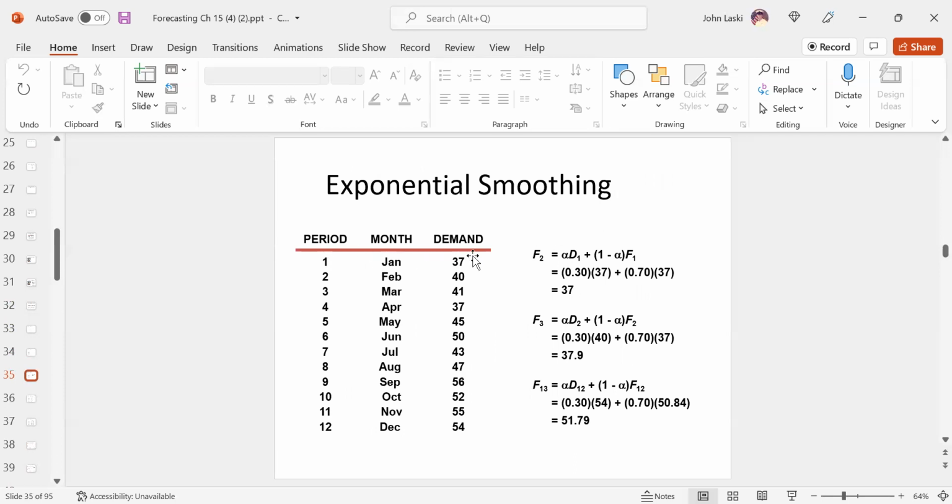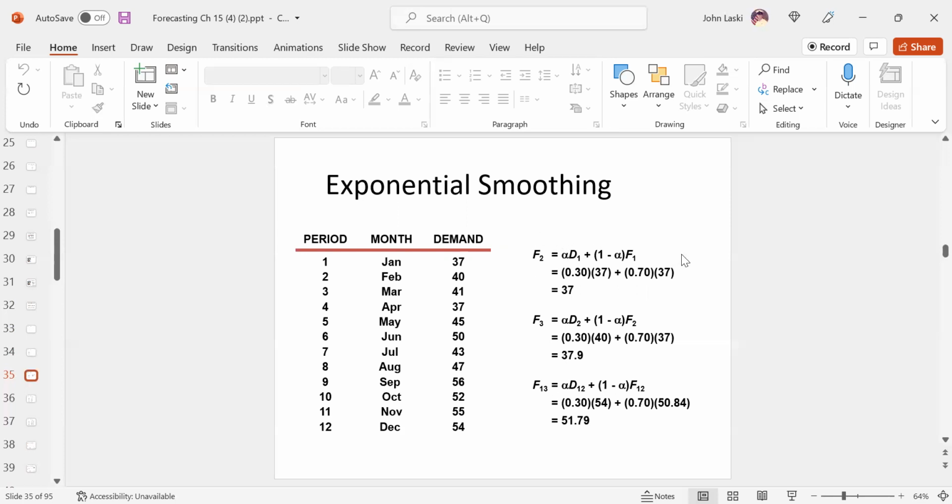Period 1, demand 37. Got it. Do I need the forecast data for period 1? Yeah. Uh-oh. I don't have it. I don't have forecast. Why? Well, because that would be data back up here somewhere, and that's not provided.